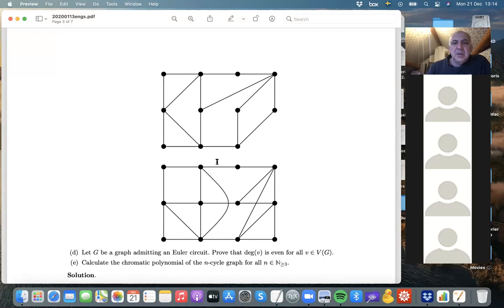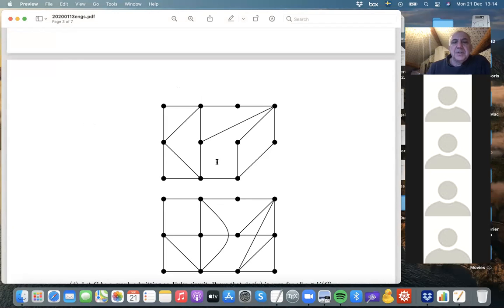Here I think the degree is even. I think by a circuit he means a cycle, so it's a closed cycle going through all edges and coming back, using each edge once.